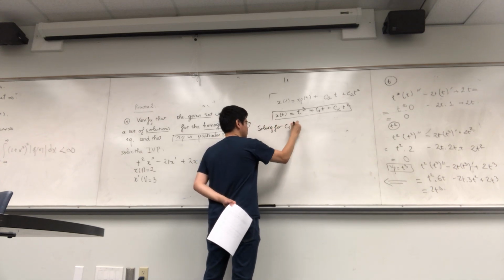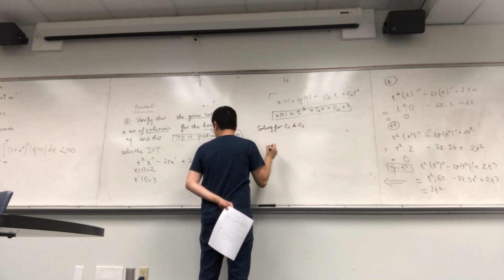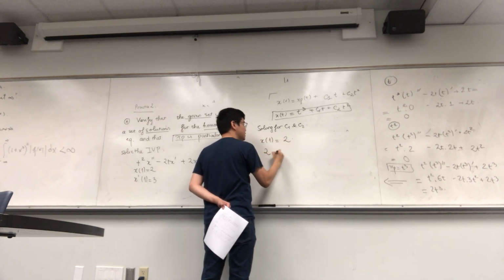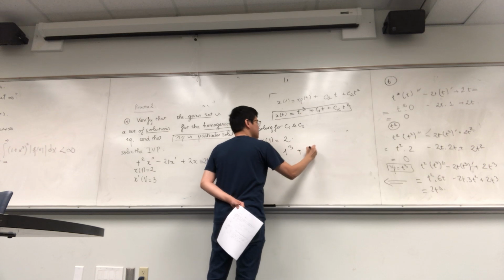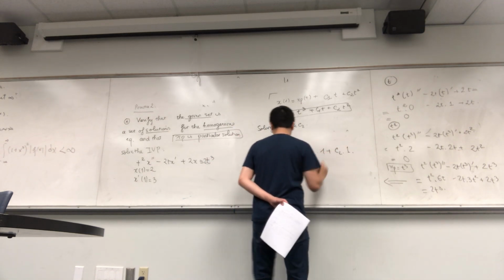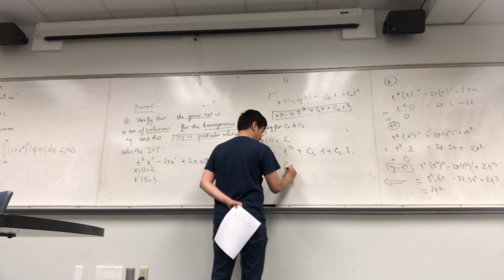So you have x of 1 is equal to 2. That means 2 is equal to 1 cubed plus c1 times 1 plus c2 times 1. So we have 1 is c1 plus c2.